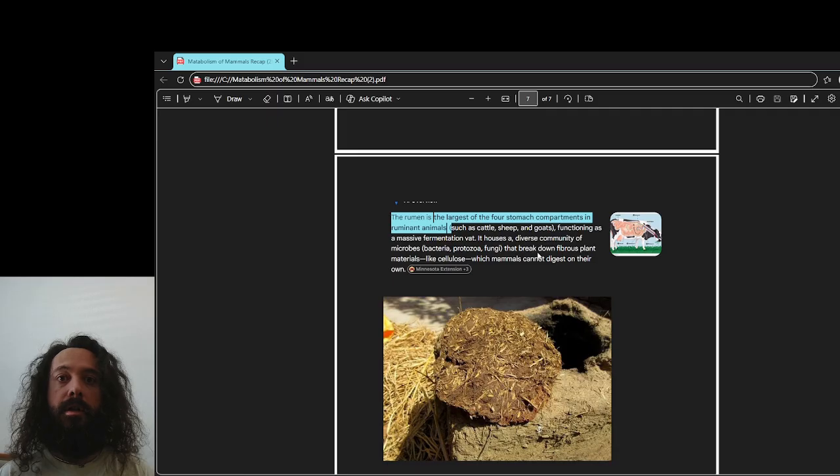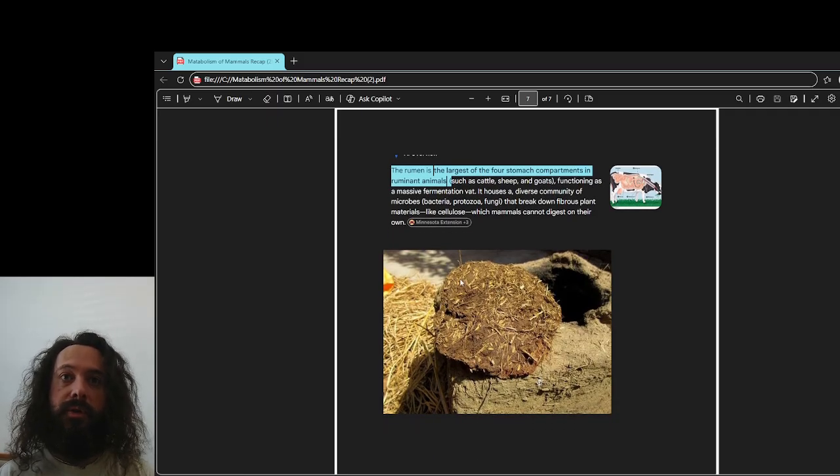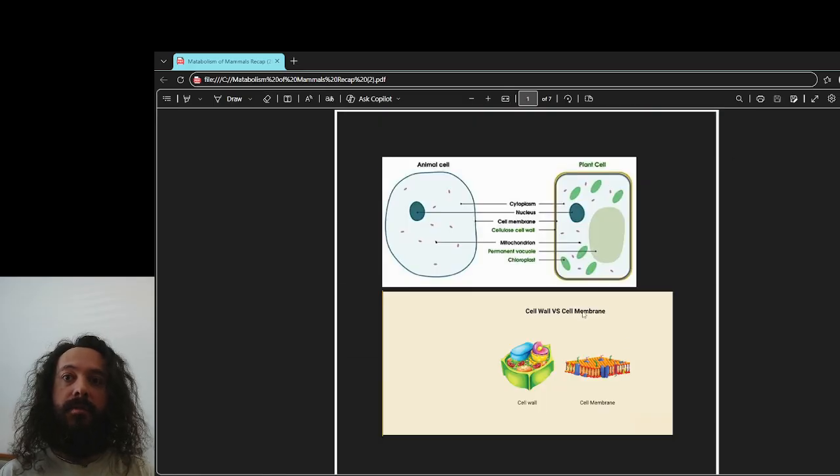So when we look at actual cow dung, we see that it's very different from mammalian predator scat, because the grass is actually still visible, and that's because the cow does not eat the grass. Okay, this is a very important point, and the reason this is the case is because of the cellulose, the very tough cell walls.